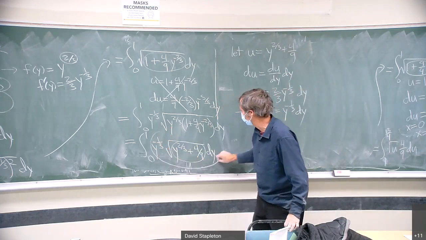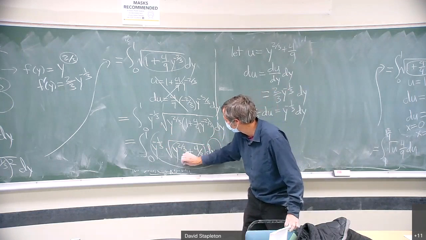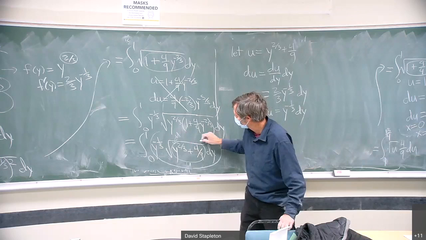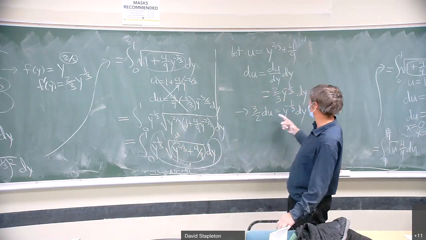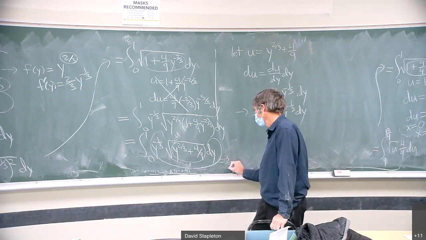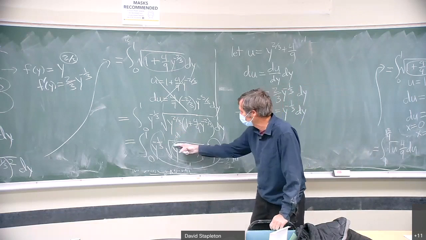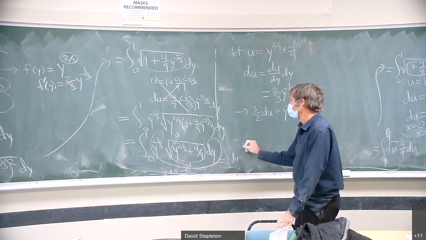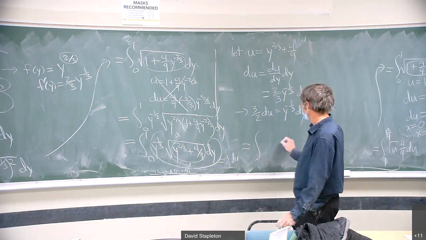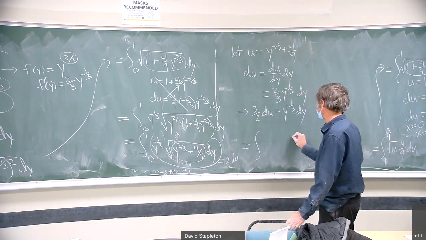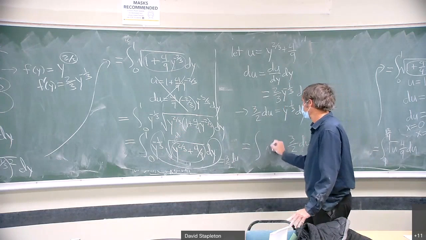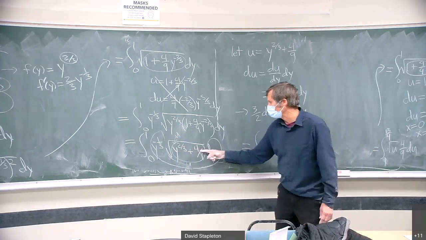So this can be substituted out. This is going to be u. But this part can be replaced with 3/2 du. This thing in here can be substituted out with u, and you rewrite this as the new integral: 3/2 du replacing the y to the minus 1/3 dy, and square root of u replacing the square root of the mess.